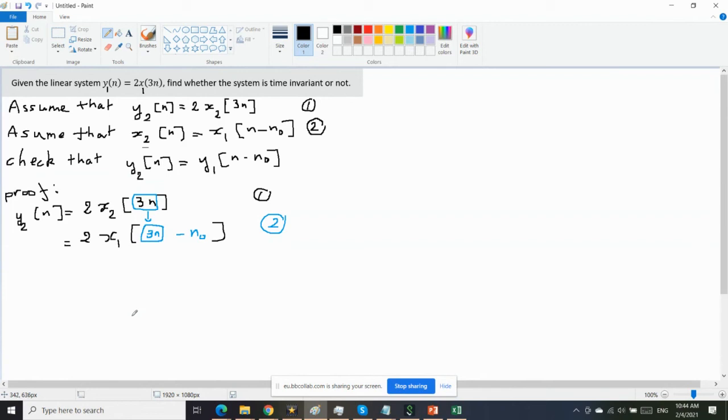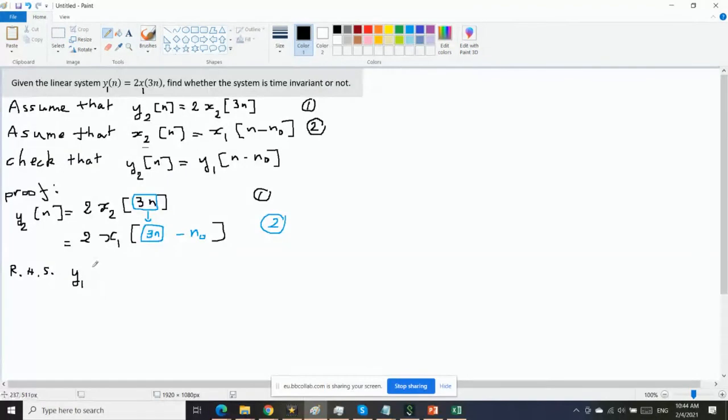All right, is it equal to y1[n - n0]? Let's see, what is the right-hand side? That's y1[n - n0].